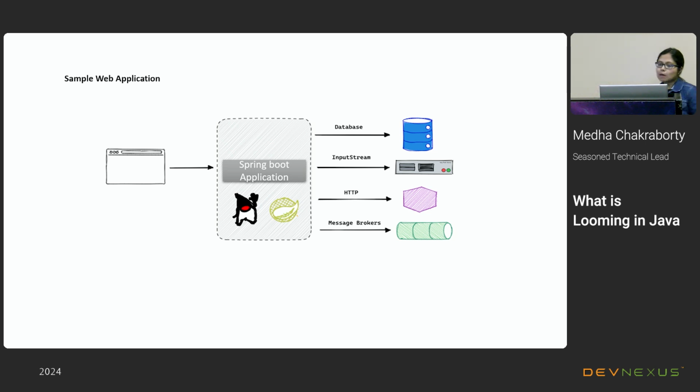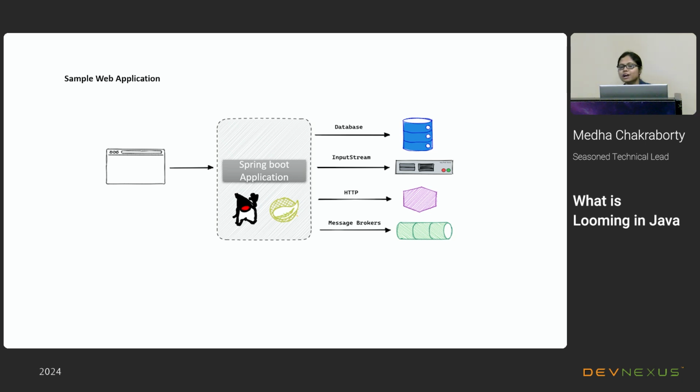So this is a sample web application. I will take an example of a web application which you see here. This is a Spring Boot application with Java. So what is happening here is, with any kind of application, from the browser we send a request, and the application receives the request to perform some kind of task, and to perform that task, it has to connect to, for example, some database.